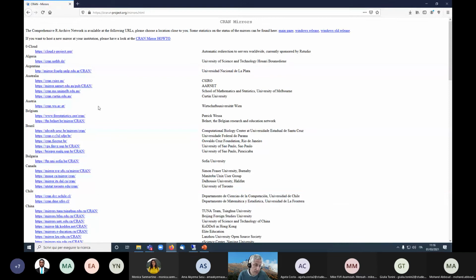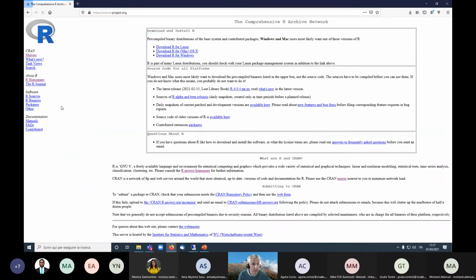In the past, we were used to get suggested to choose the closest mirror because the web was not so efficient. Now it doesn't make a difference. Given that I was suggested 20 years ago to choose the closest one, usually I click on Austria 1, but it doesn't make any difference.